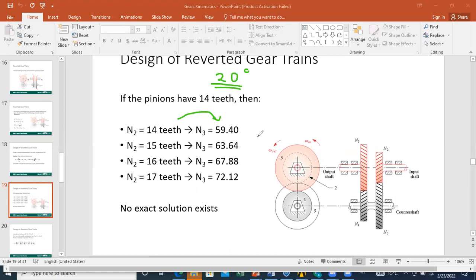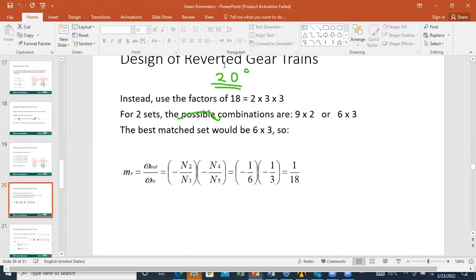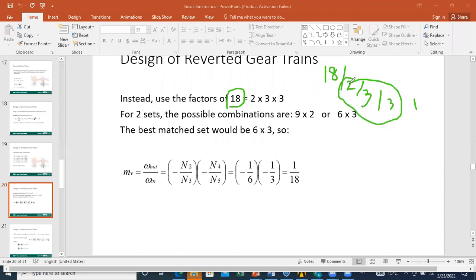So the best thing to do then is to decompose 18 into multiples. I ask which numbers 18 is a multiple of. I divide 18 by 2, I get 9. I divide by 3, I get 3. I divide by 3, I get 1. So 18 can be written as 2 times 3 times 3.